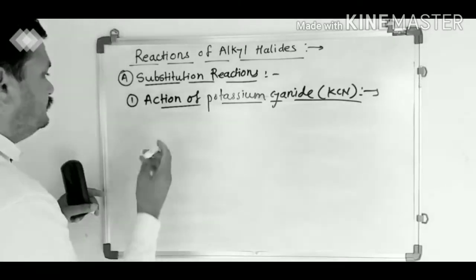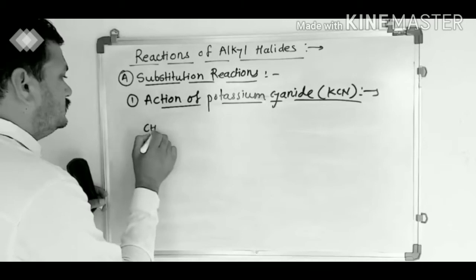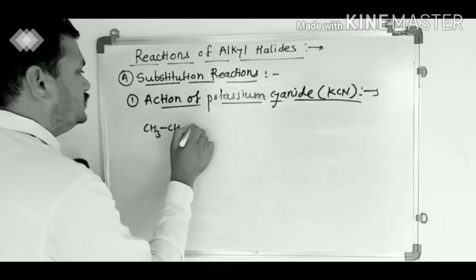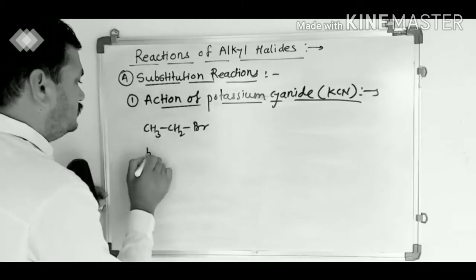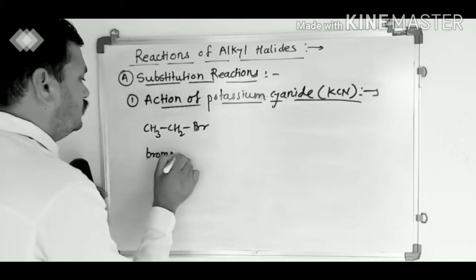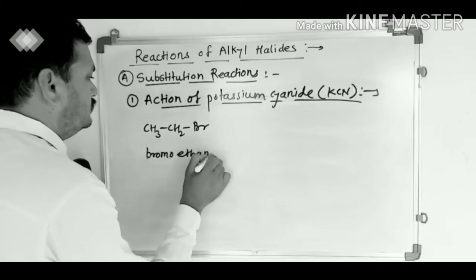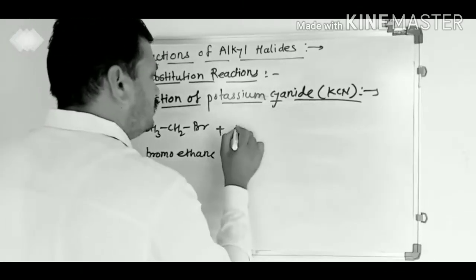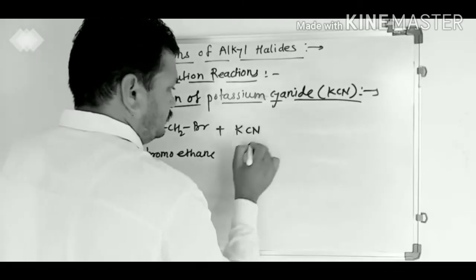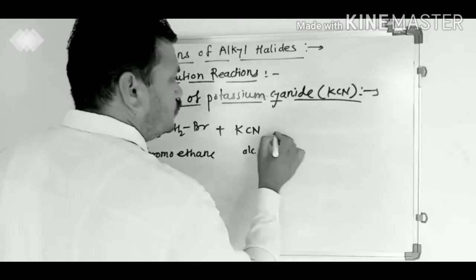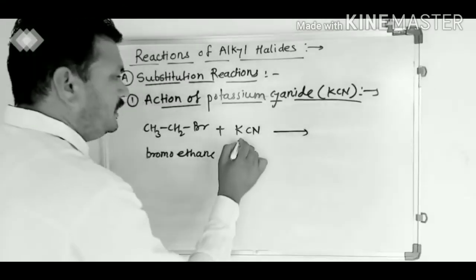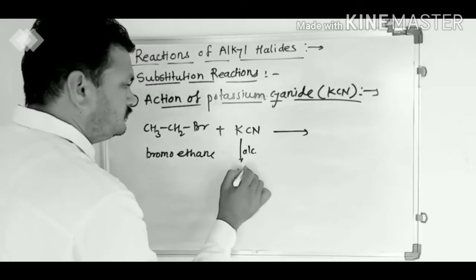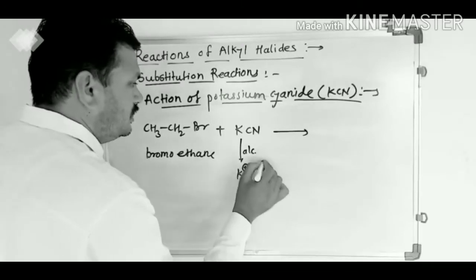Like this, CH3CH2Br, bromoethane, on reaction with alcoholic solution of KCN, it dissociates into K plus and CN minus.